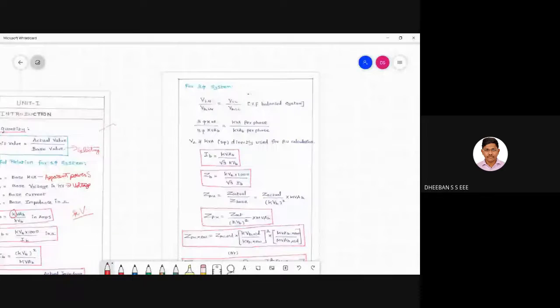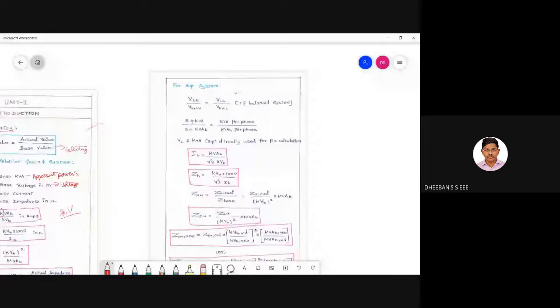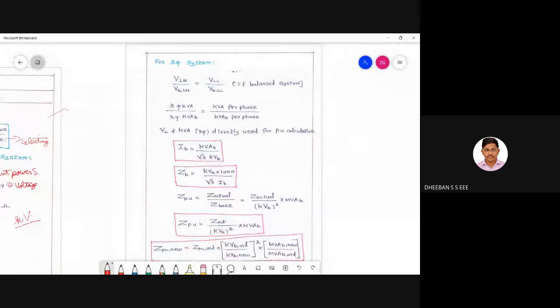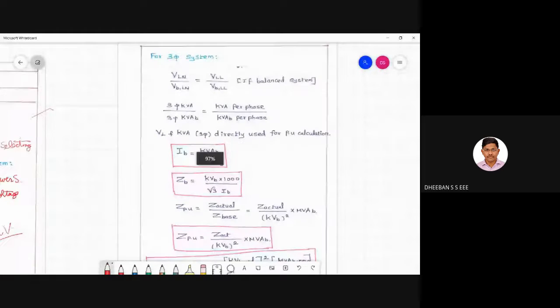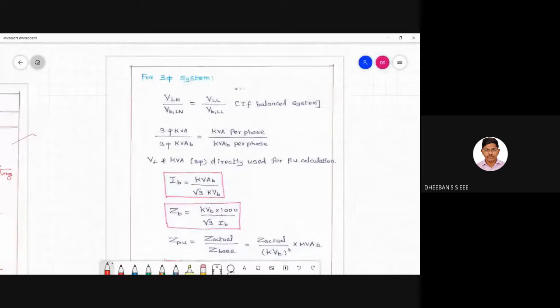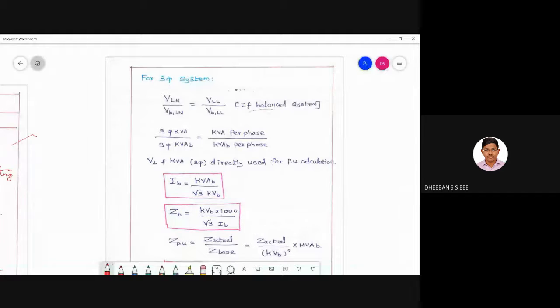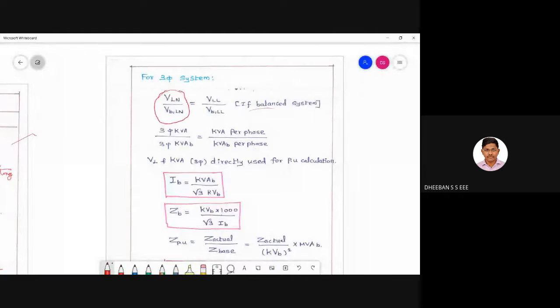Now coming to the three-phase representation of the per unit system. The first one is the three-phase. As you know, there will be line voltage and phase voltage. If you are considering a balanced voltage, then for representing your voltage in per unit, you can either consider the line voltage or the phase voltage.